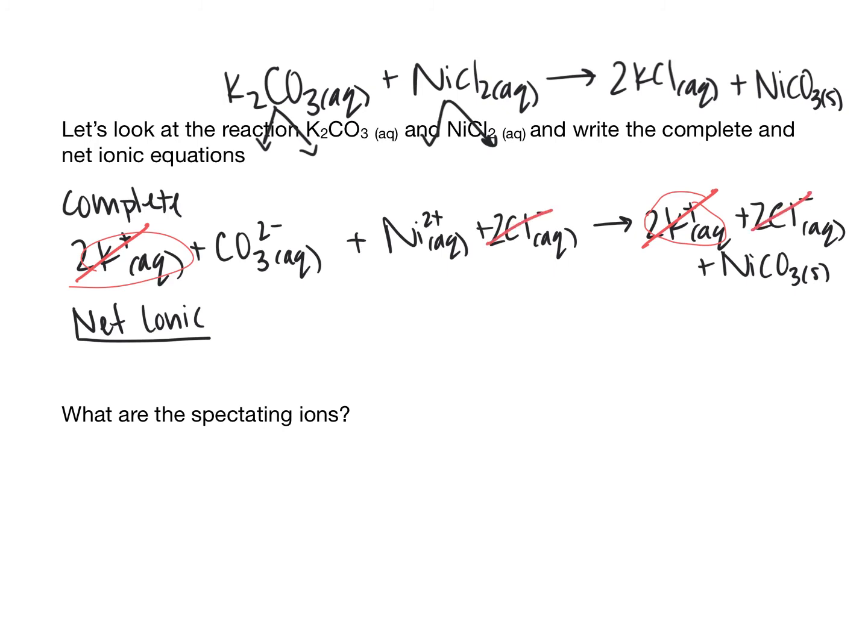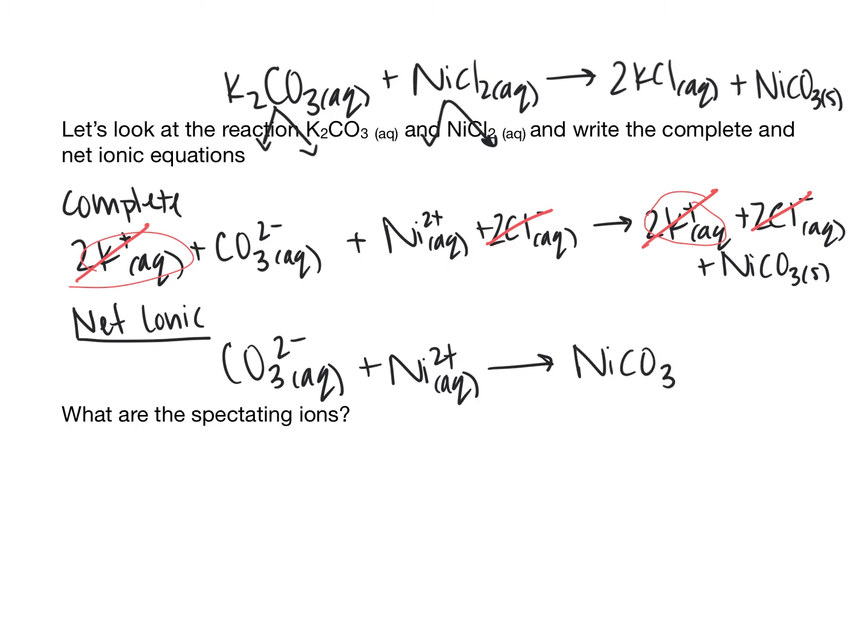And so we can rewrite this equation as CO3 2 minus aqueous plus nickel 2 plus aqueous gives us nickel carbonate solid. Because it turns out that the only thing that really happened is that the carbonate ion worked with the nickel ion to give you a solid.